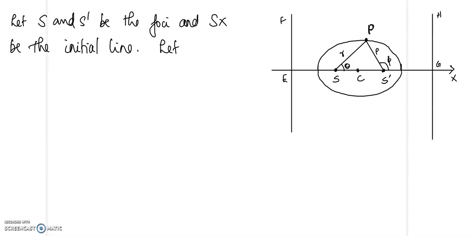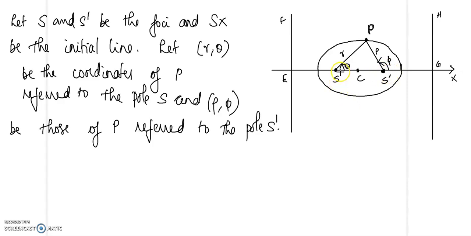Let us express the point P with respect to the vectorial angle theta and also the vectorial angle phi. So we will consider two cases.